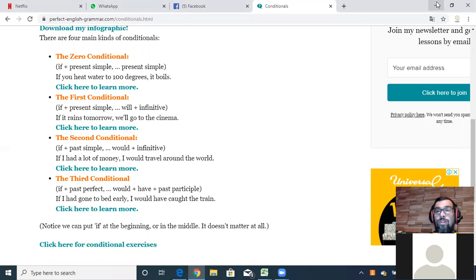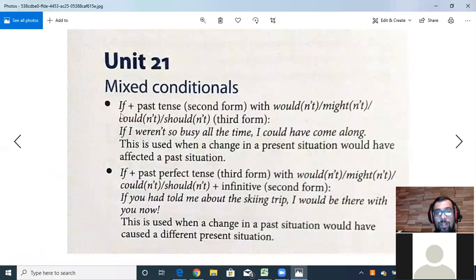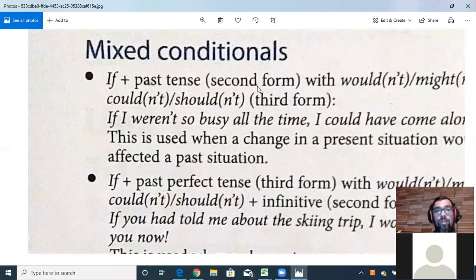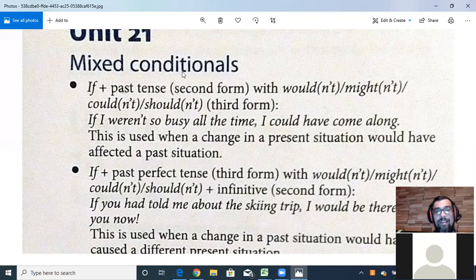We're going to see that some sentences we use are mixed conditionals. For example, we're going to mix the second conditional with the third conditional. We already know that the second conditional is if plus past tense, would, could or should, with the third form.